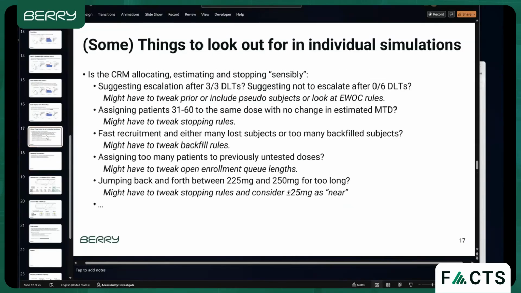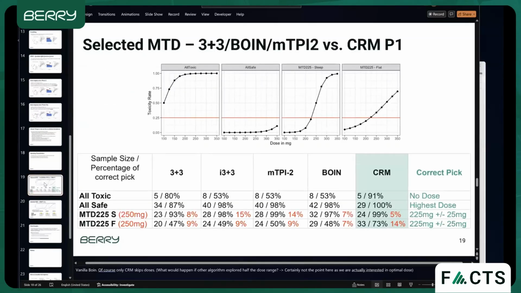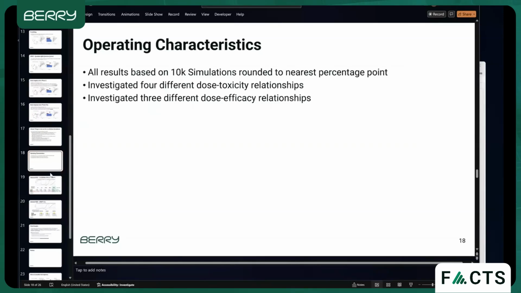Okay, one other thing that I'm afraid I won't have enough time to go over in detail is how you can compare such a CRM to other dose escalation designs, say a Boyne or a 3+3 or an mTPI. I won't show you the results of this, I will just go over conceptually how you could set up simulations to compare these.